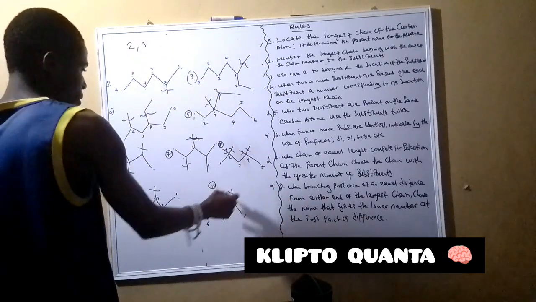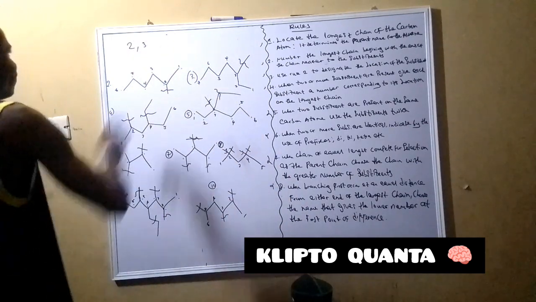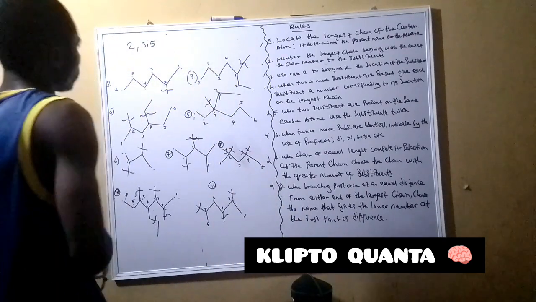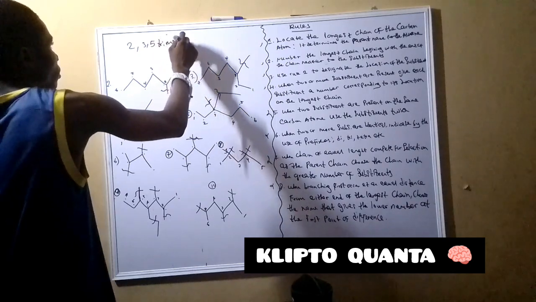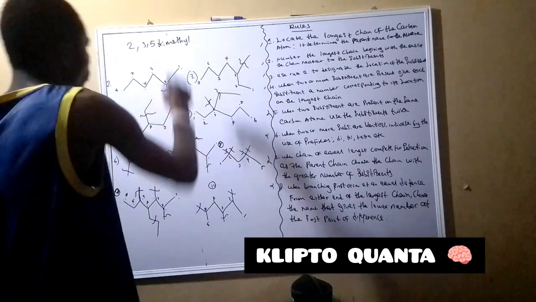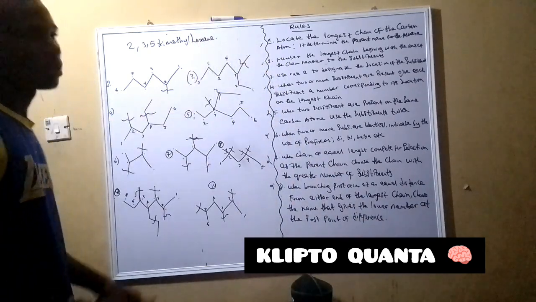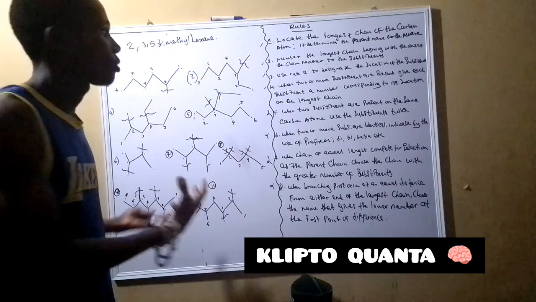These are substituents. So that will be 2, 3, 5 methyl hexane.